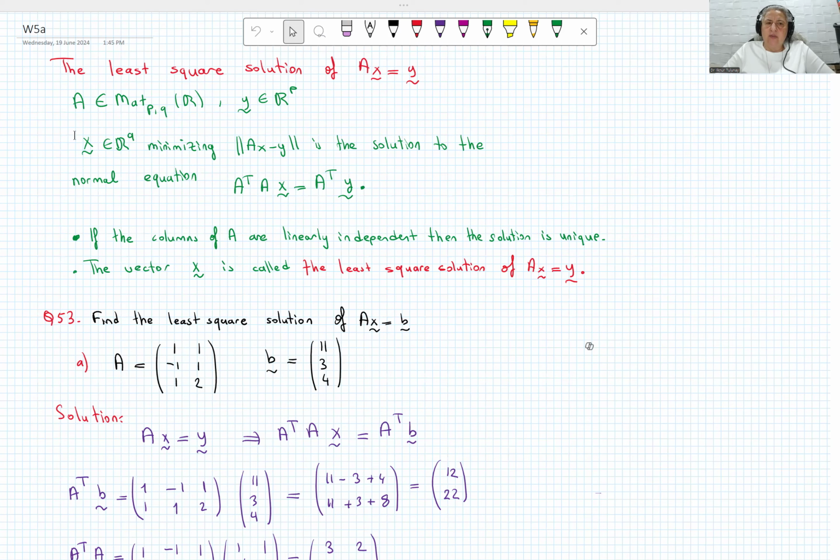We would like to find the vector x minimizing the distance between Ax and y. It is a solution to the normal equation A transpose A x = A transpose y. If the columns of A are linearly independent, then the solution is unique. Otherwise, it need not be unique. The vector x is called the least square solution of the equation Ax = y.